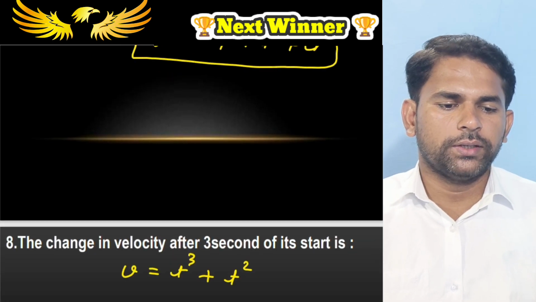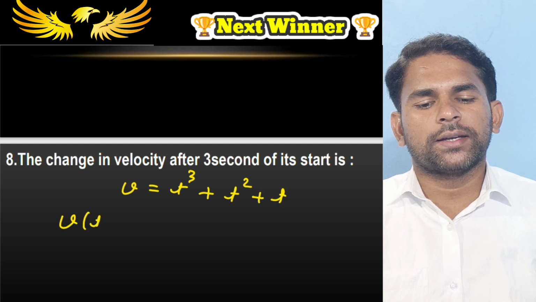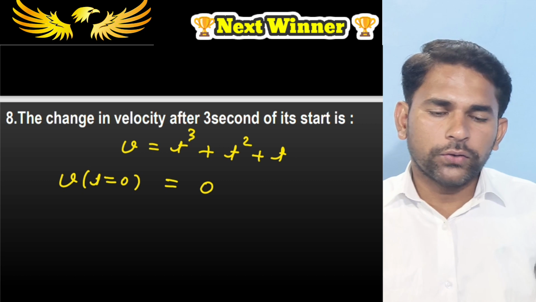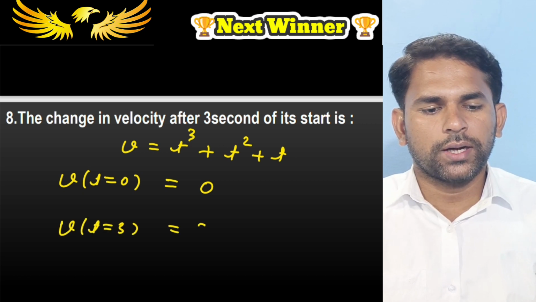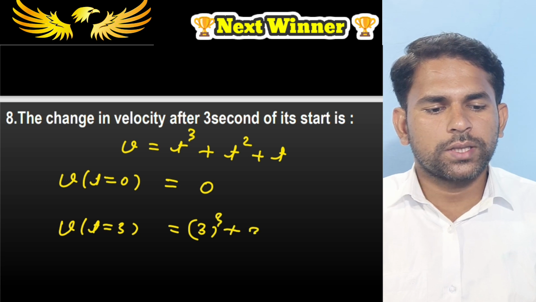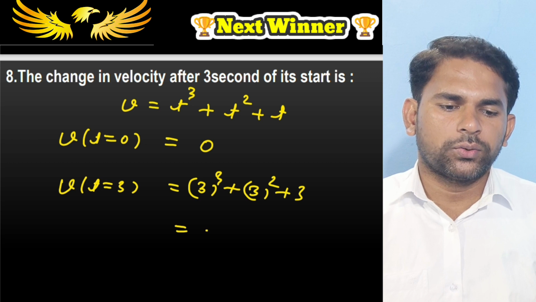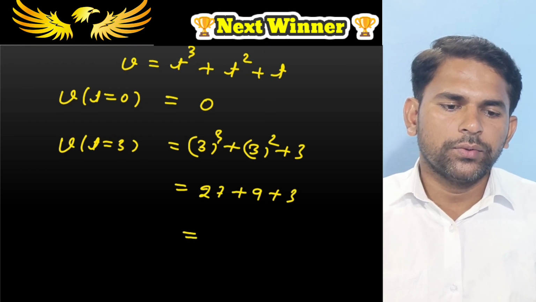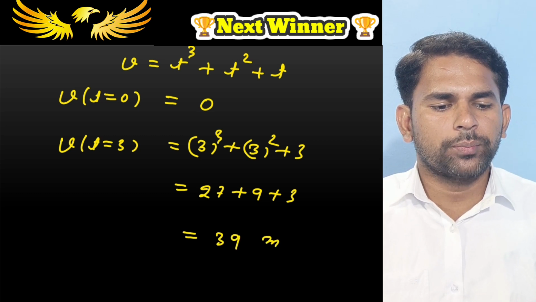If we consider velocity at t is equal to 0, definitely we will get 0. Now if you consider velocity at t is equal to 3, you can write 3 cube plus 3 square plus 3. Now you can solve: 3 3s are 9, 3 9s are 27, plus 9 plus 3. Finally 27 plus 9 is 36, plus 3 is 39 meter per second.